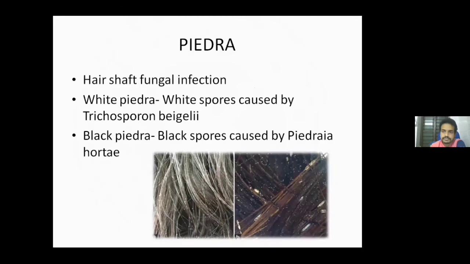Okay. Next case, we can consider Piedra. Piedra also we are getting not that frequently. It's a hair shaft fungal infection. Two kinds are there: white Piedra and black Piedra. In white Piedra there will be white spores, whereas in black Piedra there will be black spores. So what happens is it is due to the wetness of the hair.